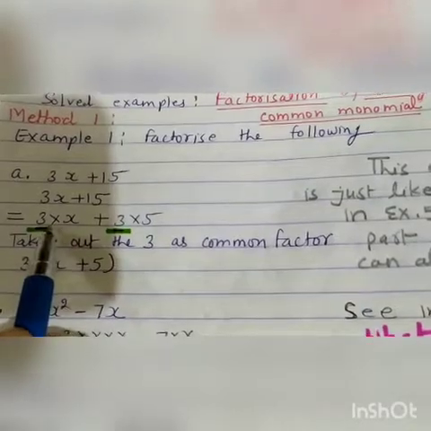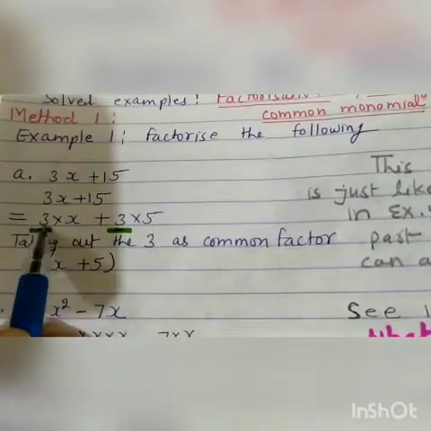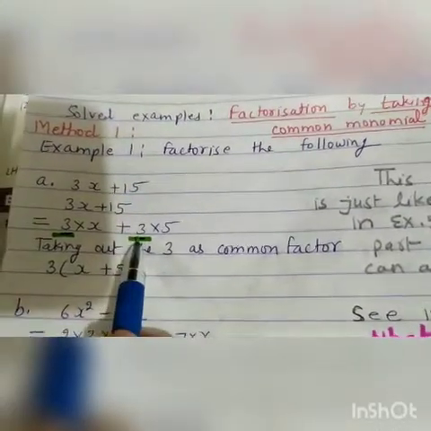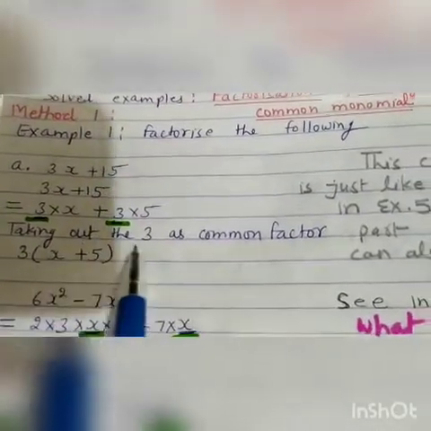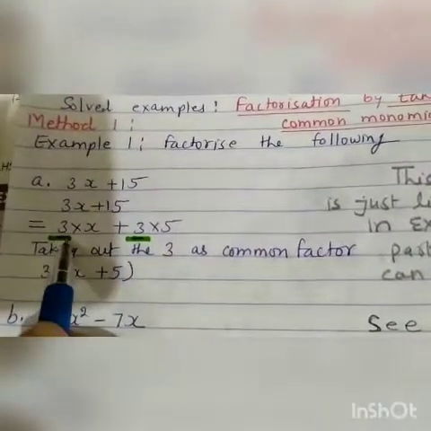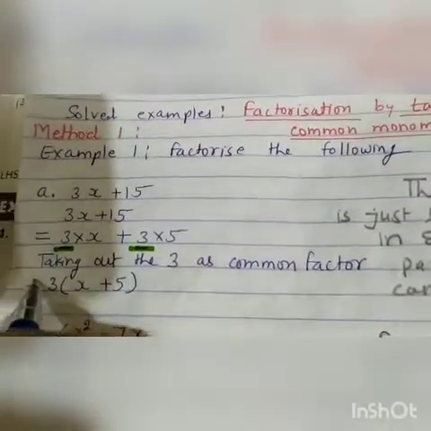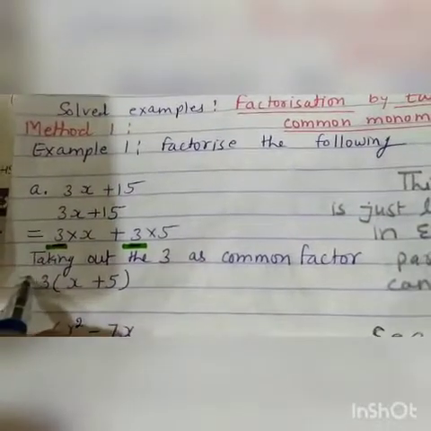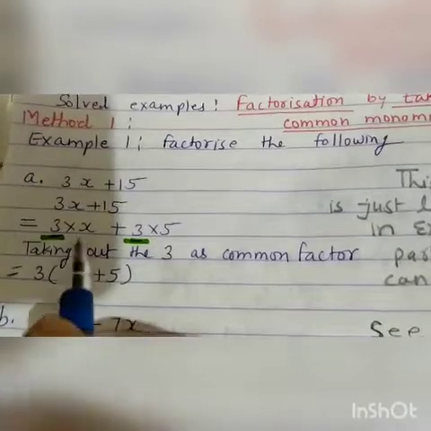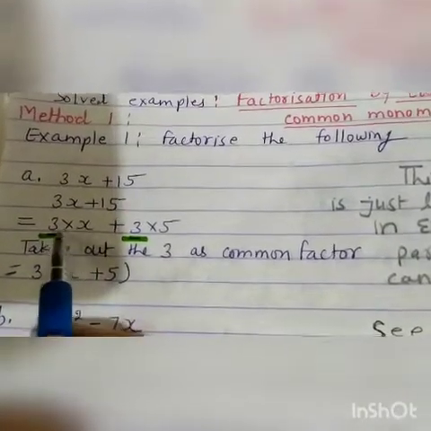In both these two terms this 3 is the same, or we can say common. So taking out the 3 as a common factor, we write this 3 here, then start the bracket. What is left in the first term?